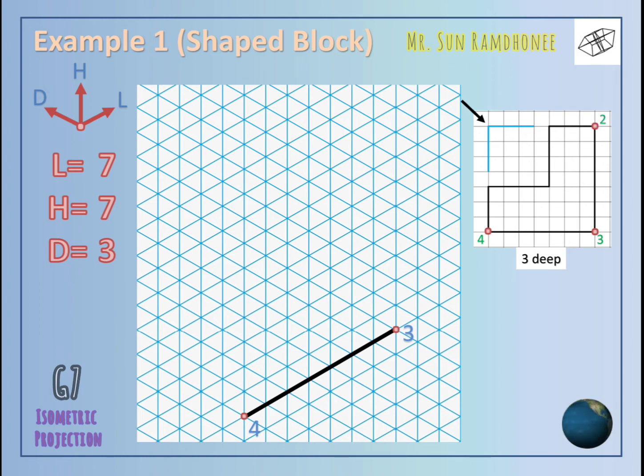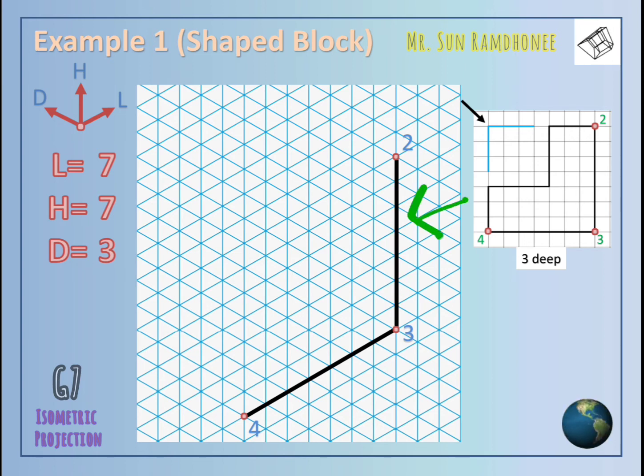Next we have point number 2. Point number 2 is directly above point number 3, and it is at a distance of 7 squares. So here we are going to count 7 triangles upwards. Okay, so this is where 7 triangles upwards will look like. And then again we draw the line.